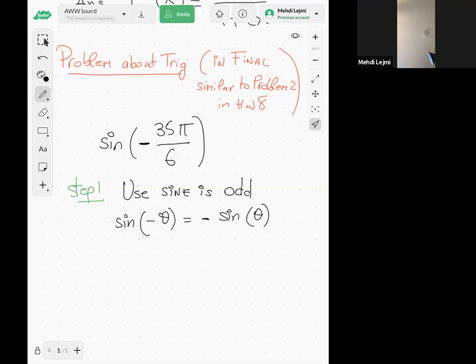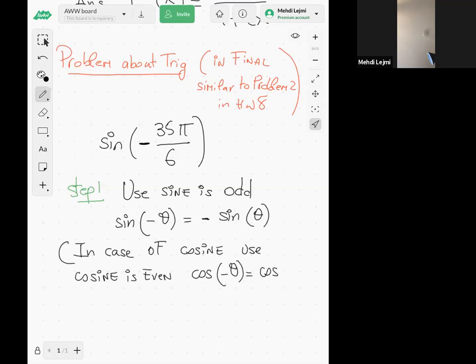In case of cosine, you use the fact that cosine is even, which means that cosine of negative theta is equal to cosine of positive theta.